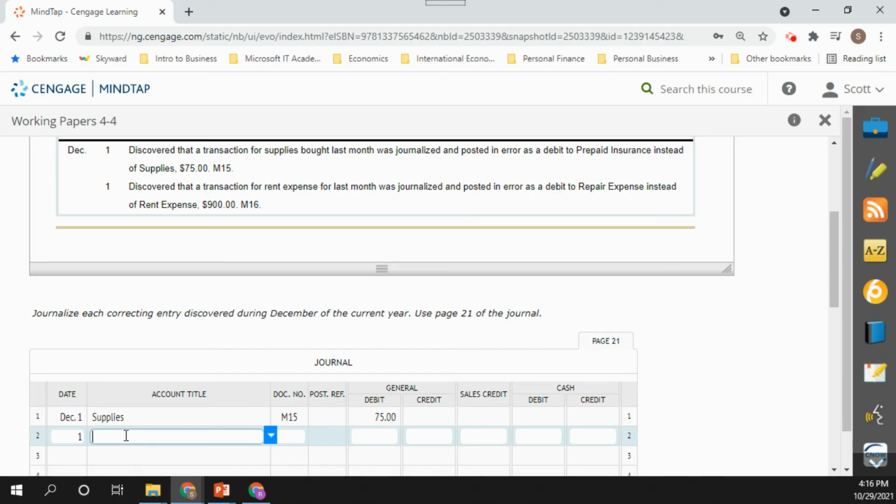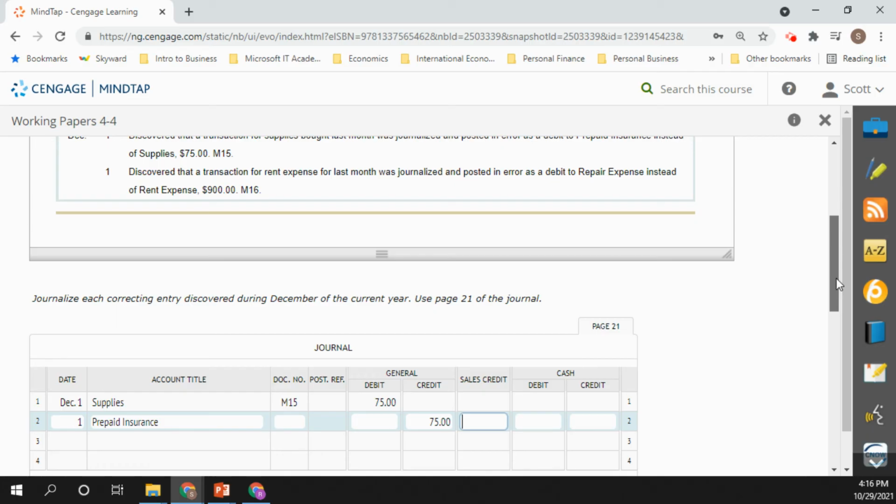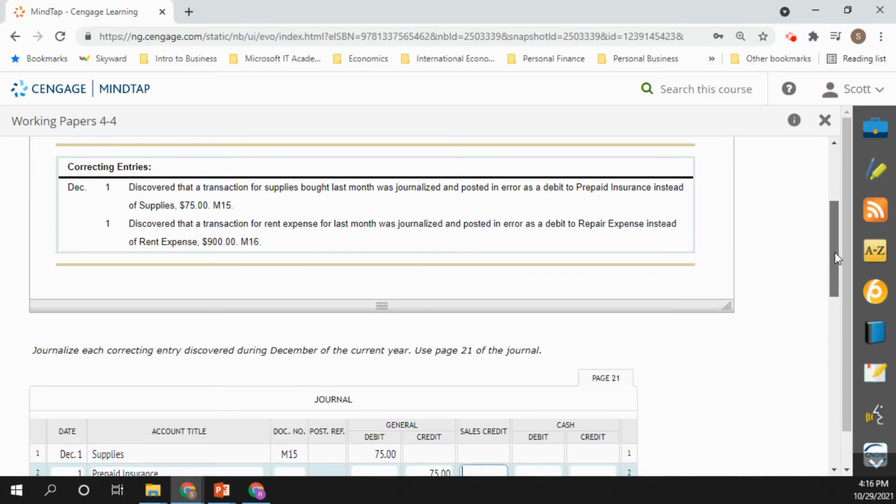We should have credited prepaid insurance because we made that debit in error to prepaid insurance. So I'm going to credit that for 75, adjust for that first entry. And ordinarily, you'd be making a correcting journal entry at the end of the month, right? Okay, and let's see here.